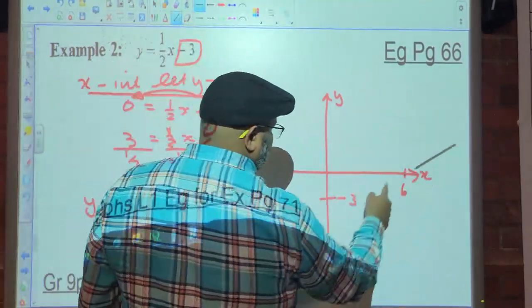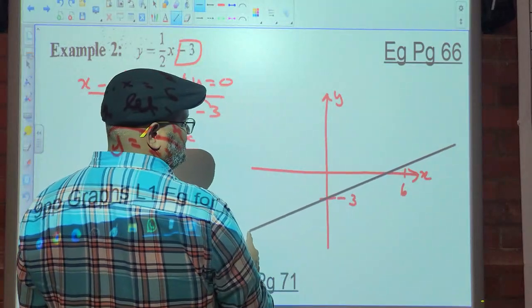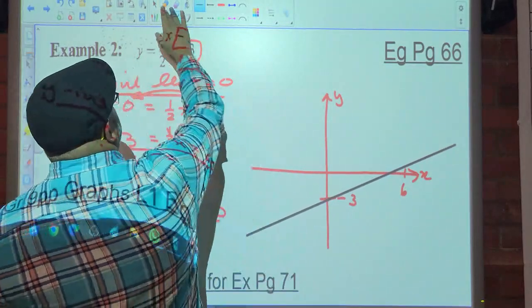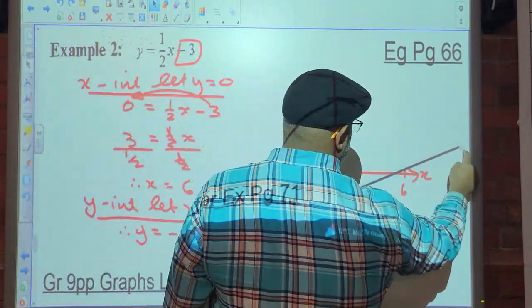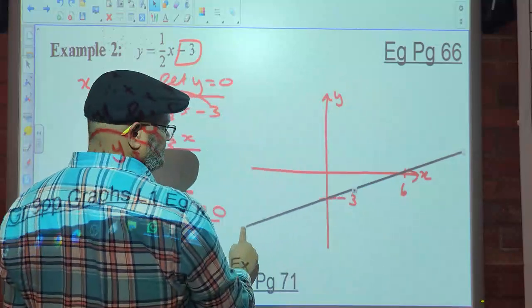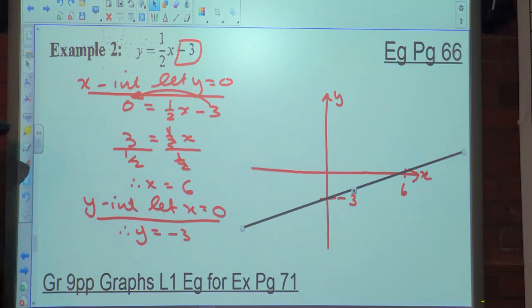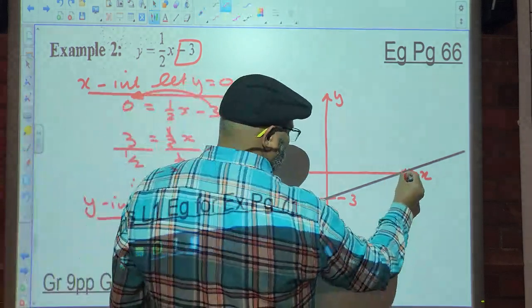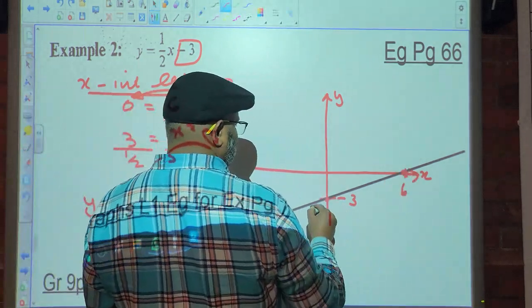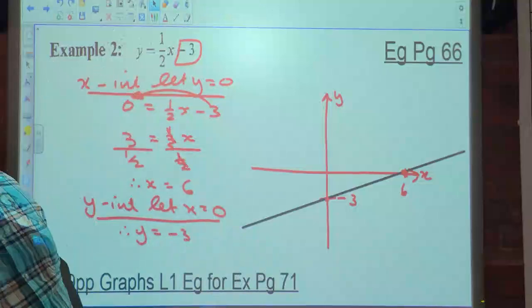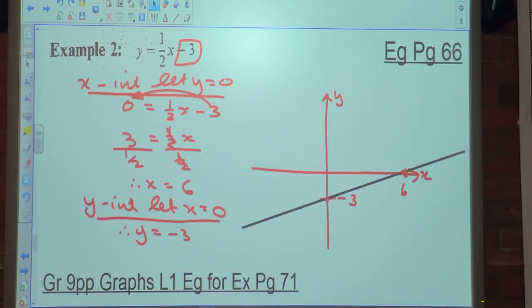So we draw the graph going through that point there, and of course this point here. Make sure that it's going through this point. If you miss it, you just make a dot there to indicate you know it's going through. Okay? You all understand?